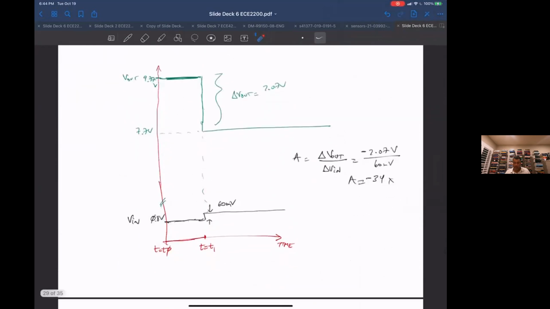But I wanted to give you guys an example of what this actually looks like when we're talking about gain as a change in output with respect to input. If I had a small 1 millivolt change here, I would get a 34 millivolt drop here, because I would still have a 34x gain. It hasn't changed very much.